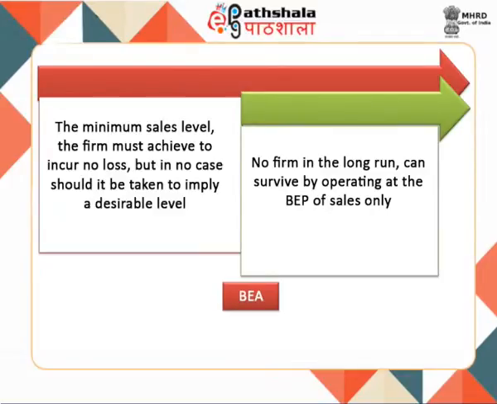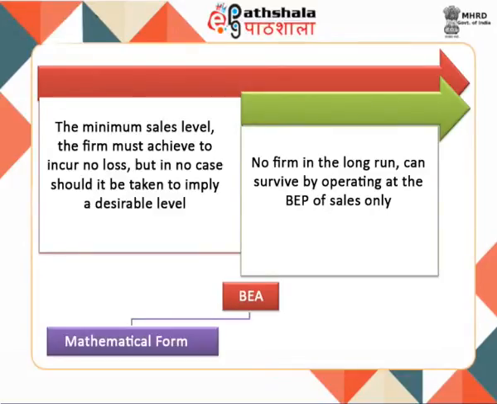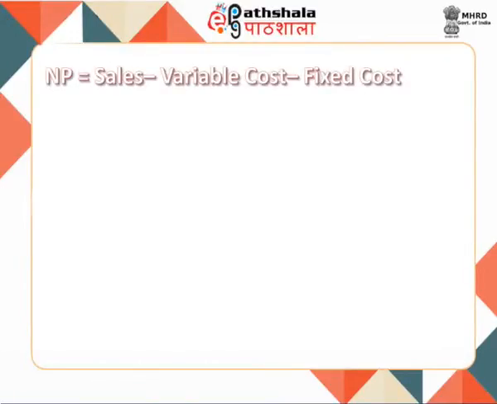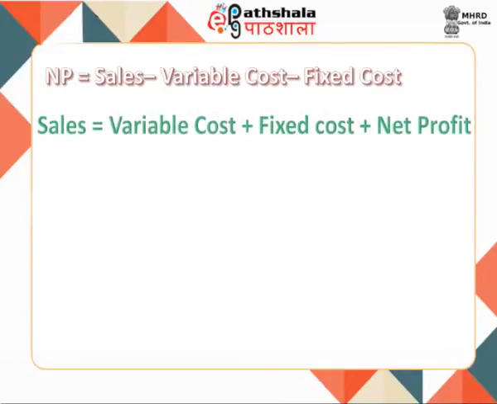The break-even analysis may be explained in mathematical mode in the form of break-even equation or in the graphical mode. The break-even equation may be derived from the basic relationship between sales and profit. We know that net profit is equal to sales minus variable cost minus fixed cost, or sales is equal to variable cost plus fixed cost plus net profit.